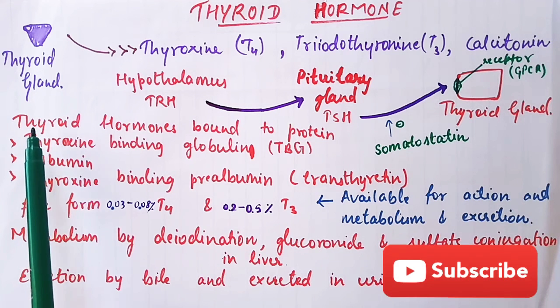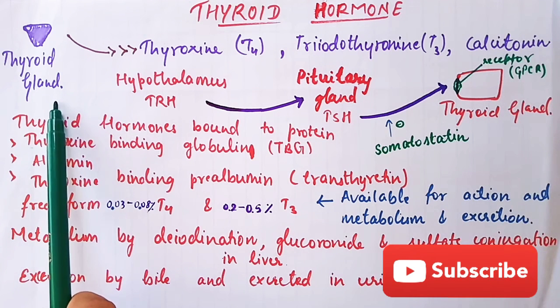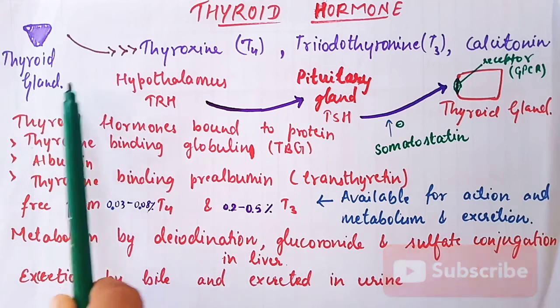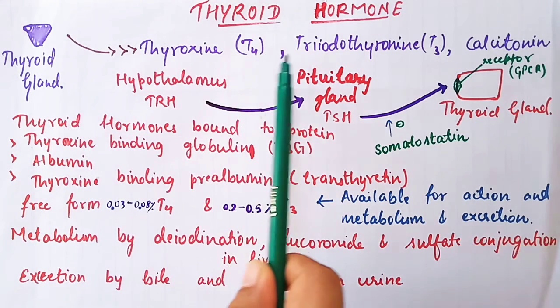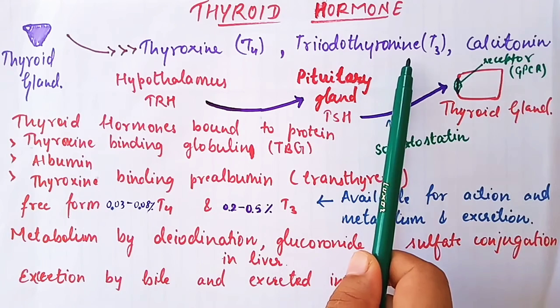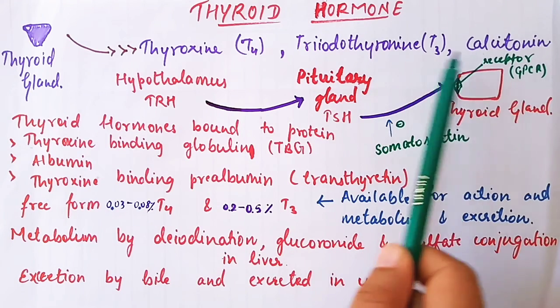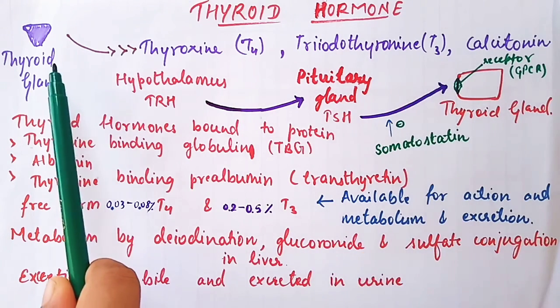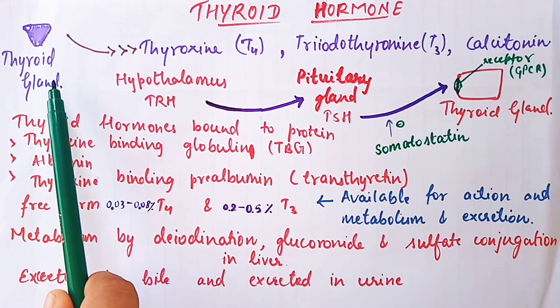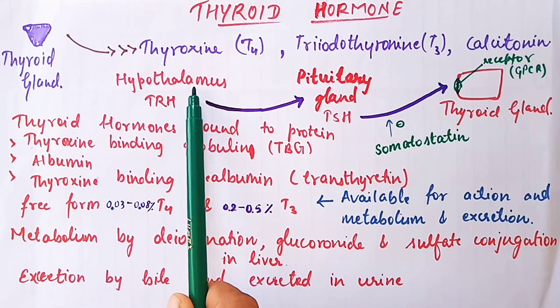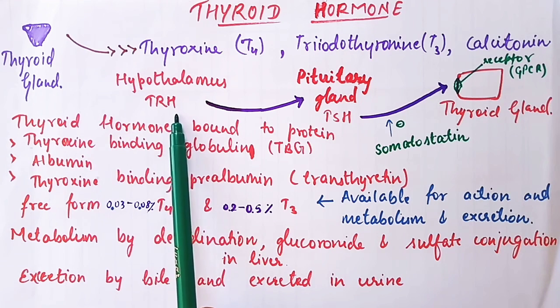So thyroid hormone is released from the thyroid gland. The thyroid gland releases thyroxine T4, triiodothyronine T3 and calcitonin. These three hormones are released by the thyroid gland. So basically, how is it released? The hypothalamus releases thyrotropin-releasing hormone.